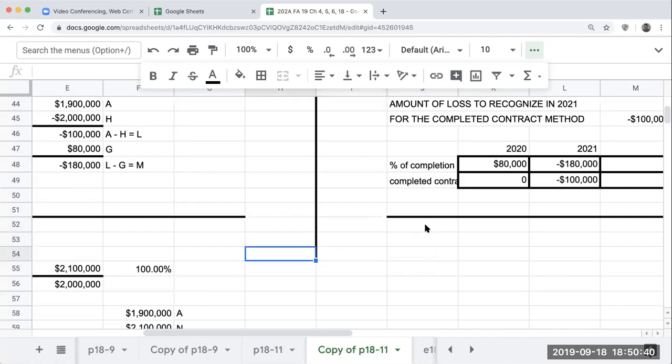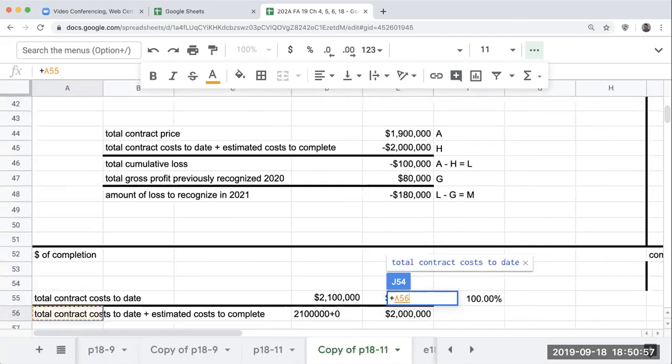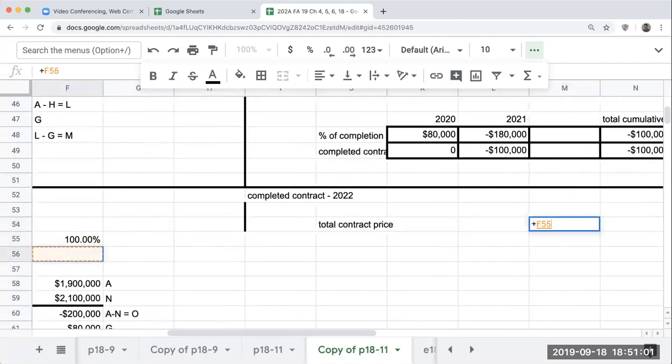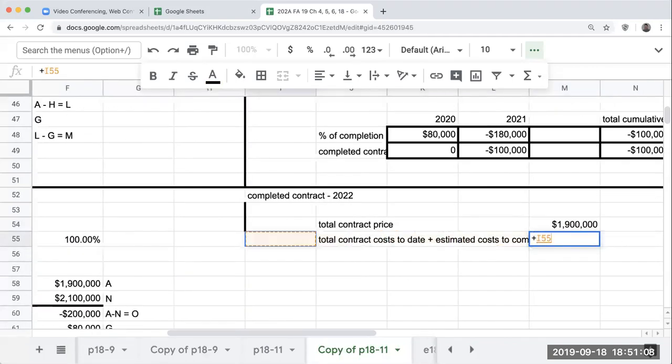So if I compare this to what I was doing for the completed contract method, under completed contract for 2022, I'm going to say, okay, my total contract price is 1.9 million. My total contract cost to date plus my estimate to complete is 2.1 million.